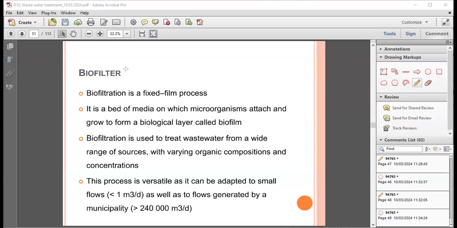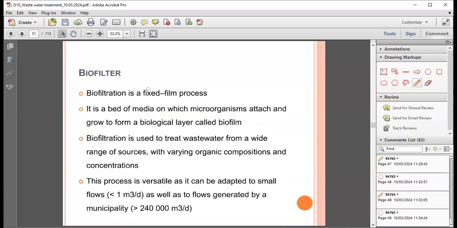Likewise, we use the biofilter. That is the water filter. Here we are using the biofilter. It filters or removes the microorganisms. So you have to understand the biofilter, right?